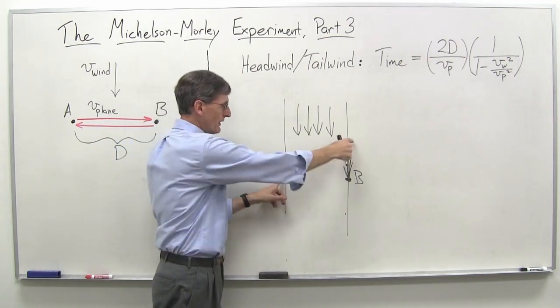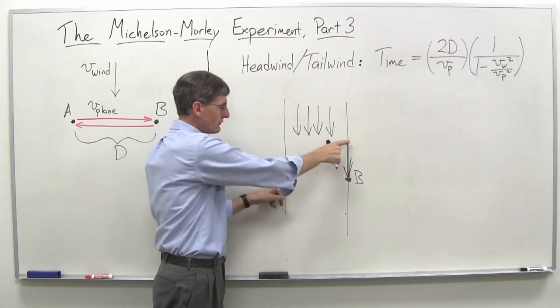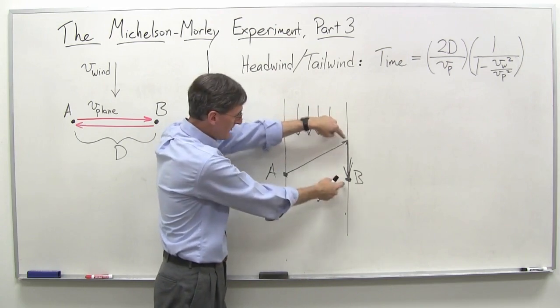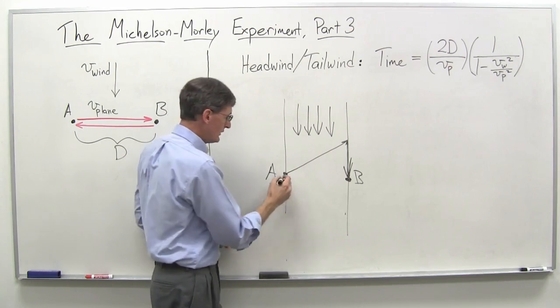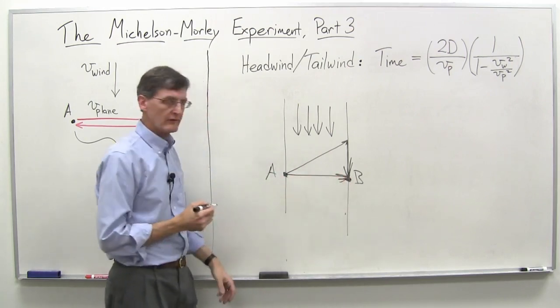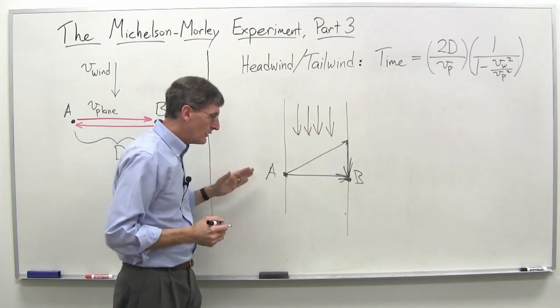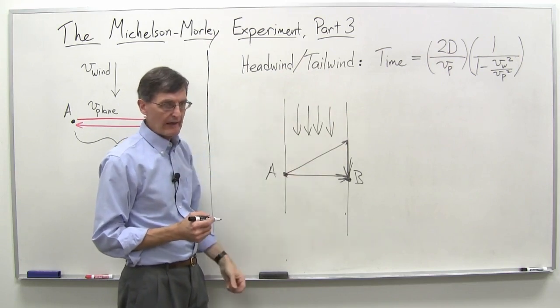So here's one arrow, that's my actual velocity going across, and the river is pushing me down with this velocity here, and therefore my resultant motion through the water, which is what I'm interested in, is going to be straight across, and so I'm going to get to point B instead of ending up downstream. So I have to swim essentially partly upstream so the current carries me downstream, so I end up at B.